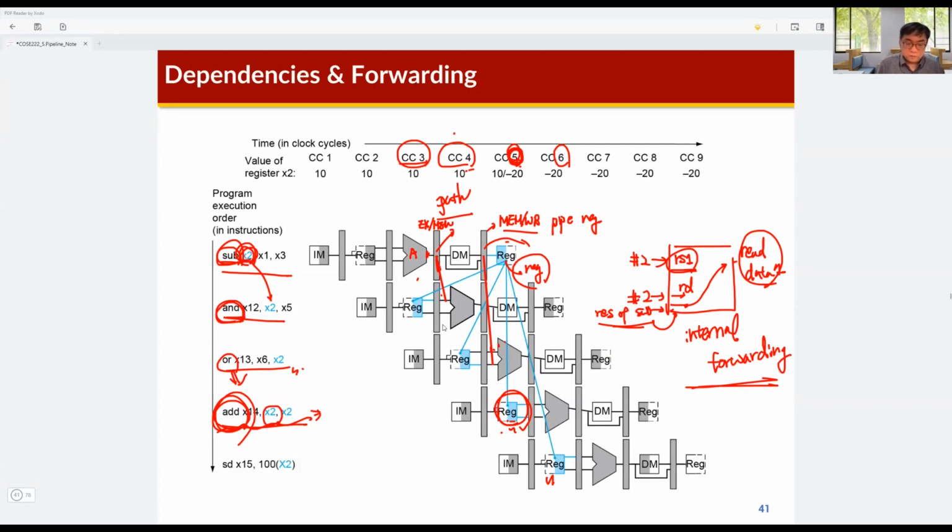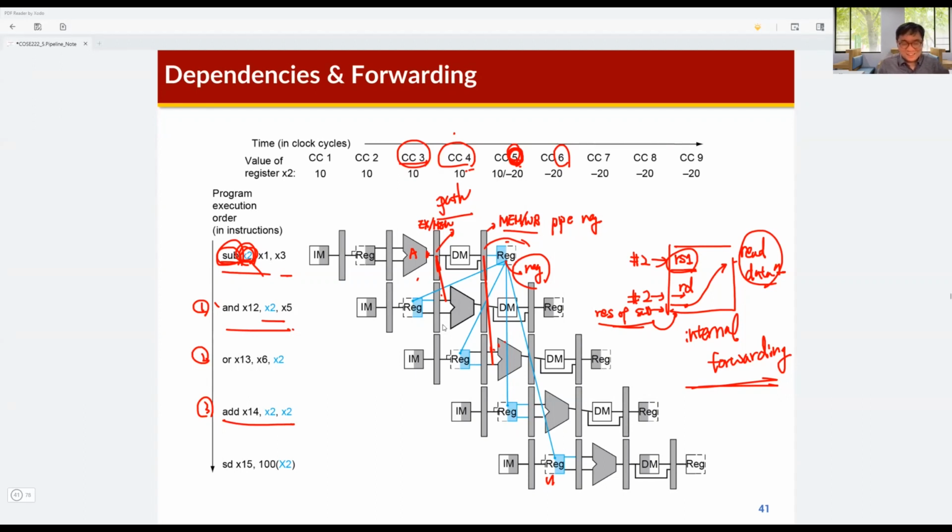So what can we know? If we just consider the data hazard, then we need to handle the data hazard for the very next instruction, and then the data hazard for the next instruction.